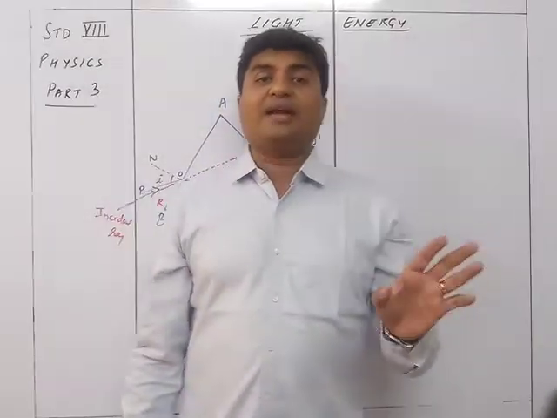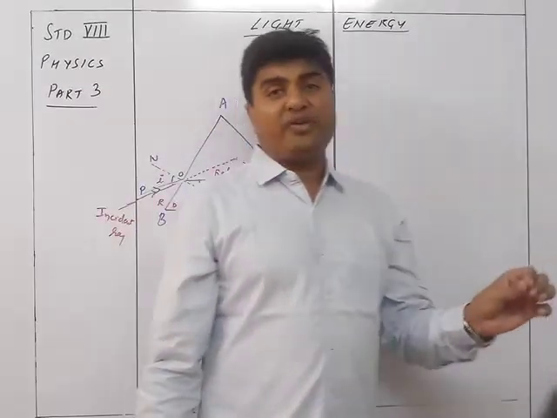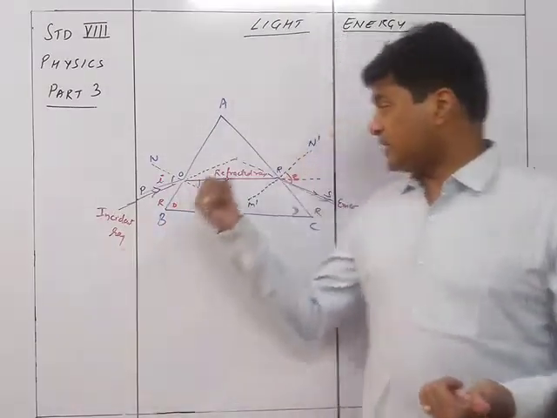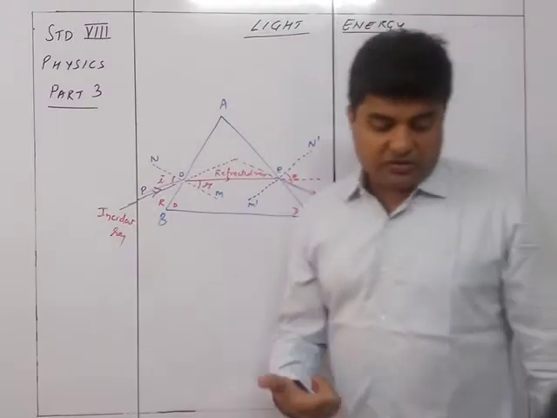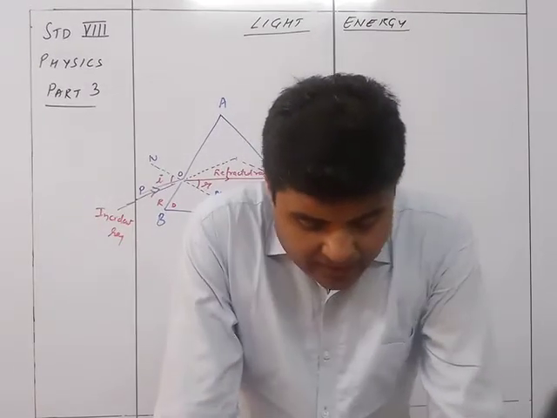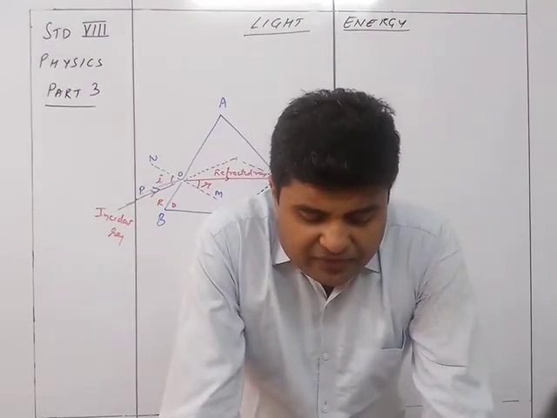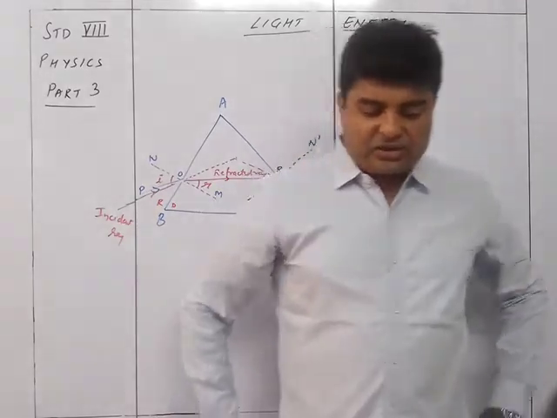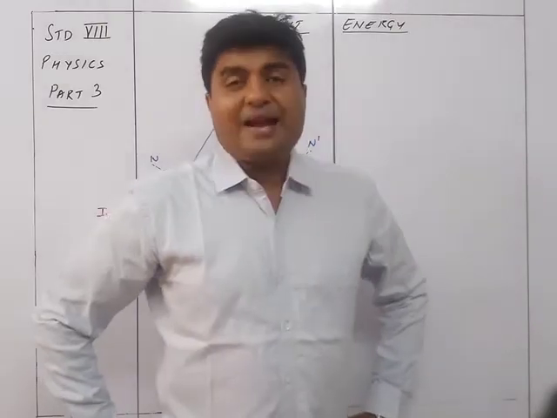But over here, because there are two inclined surfaces, the direction of the original ray of light is completely different from the previous one. There is completely a different emergent ray. And you see that on the other hand, in a rectangular glass block, refraction of light occurs at two parallel surfaces. So the emergent ray is in the direction of the incident ray but laterally displaced.